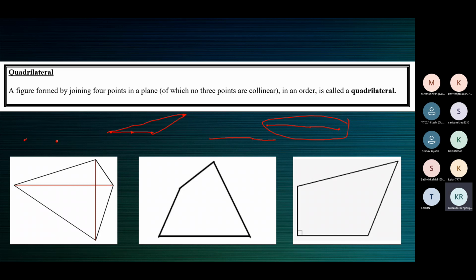So there is nothing like 2 points being collinear or not collinear. The term collinearity is applied to a situation where we have 3 points or more.